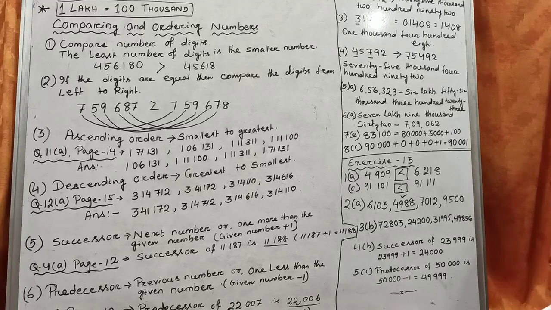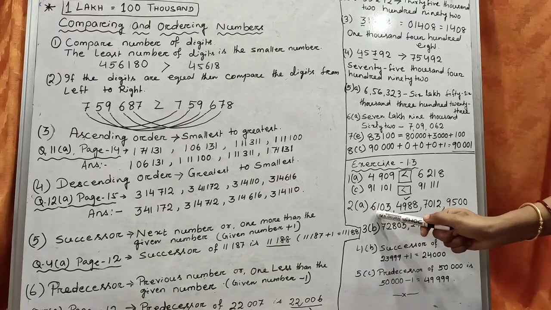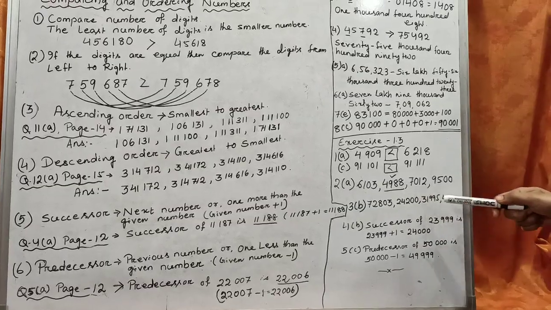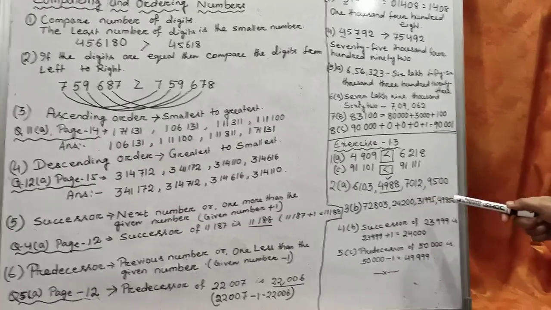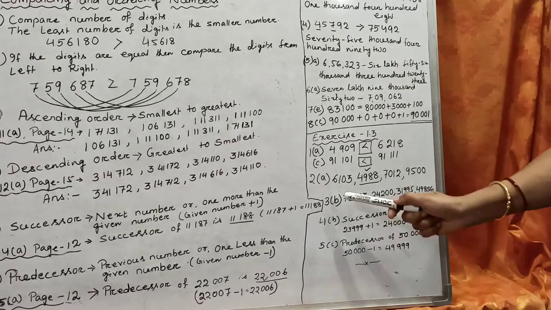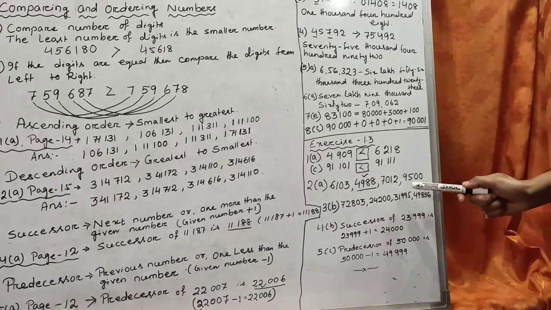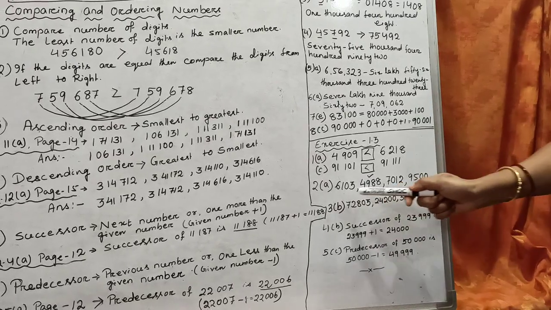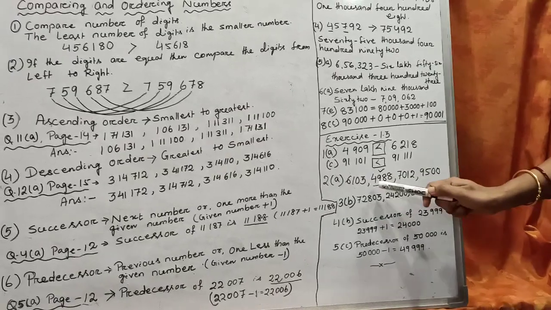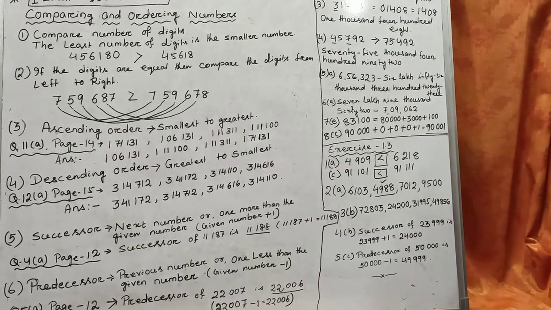Then question number 2A, here 4 numbers are given: 6,103, 4,988, 7,012, 9,500. Out of these 4 numbers, you have to find the least one. So here also you have to check the thousand place. The thousand place is 6 here, 4 here, 7 here, 9 here. So 6, 4, 7, 9. You compare, the least one is 4. So this is the least number, 4,988. The next one is question number 3.